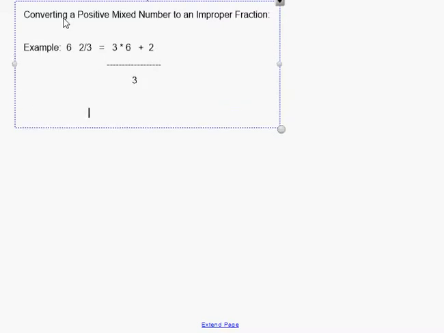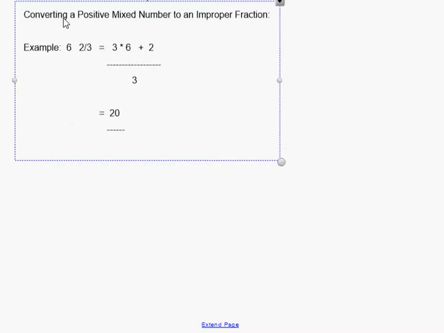And this gives us 20/3. So we multiplied denominator 3 times the integer 6 and added the numerator 2 and put this all over the original denominator 3.